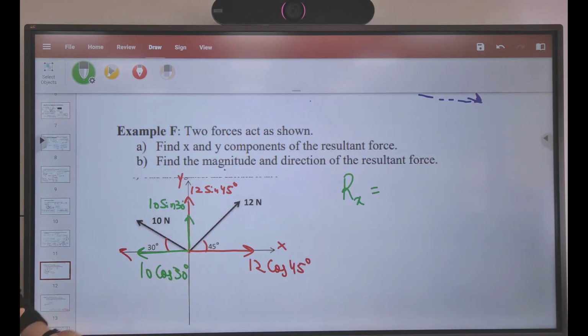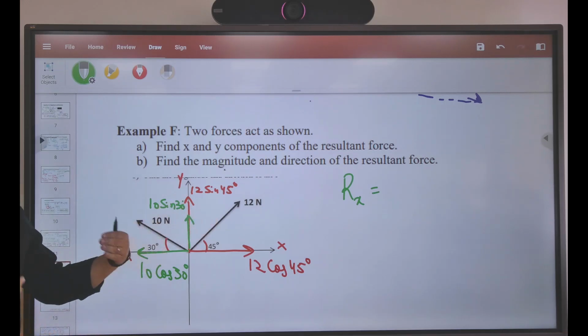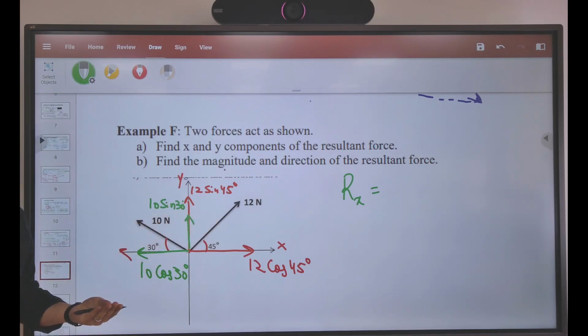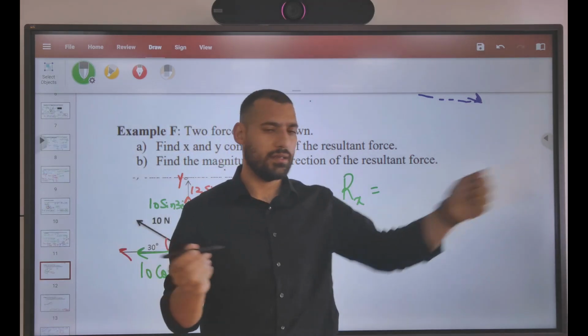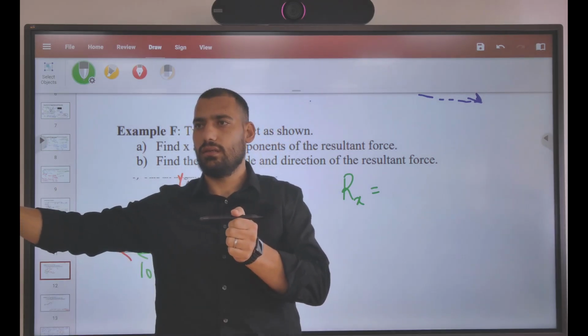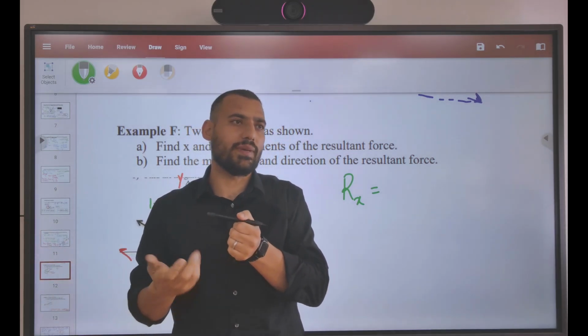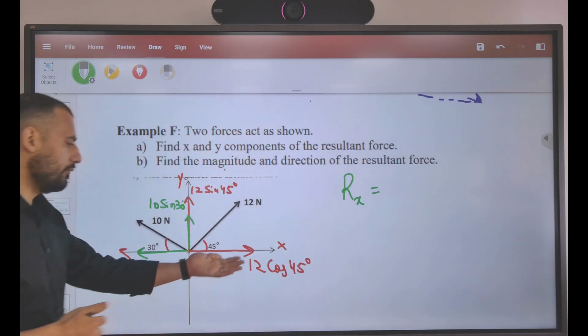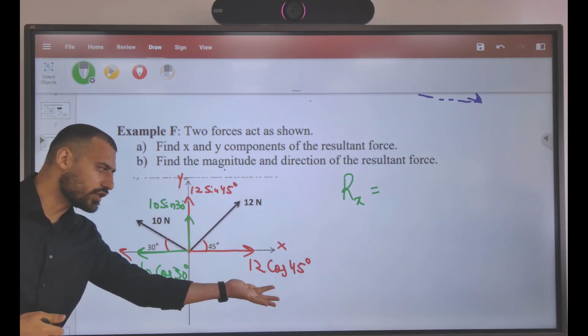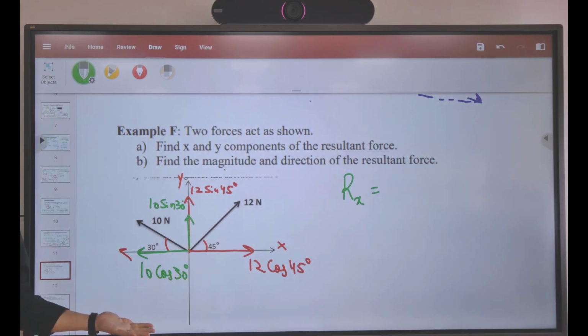Whichever is more will be the net direction of the x component. If there is a pen and someone is trying to pull it here and someone is trying to pull it there, it will go along the direction of the larger force. So which one is more?